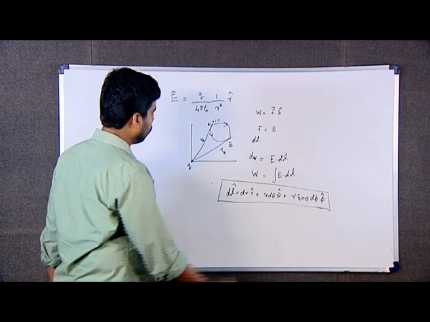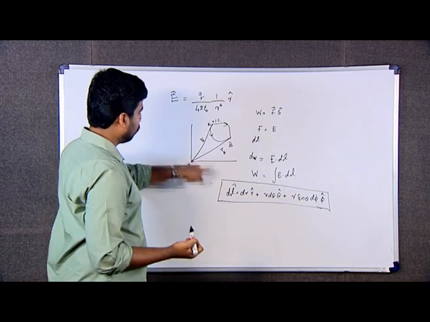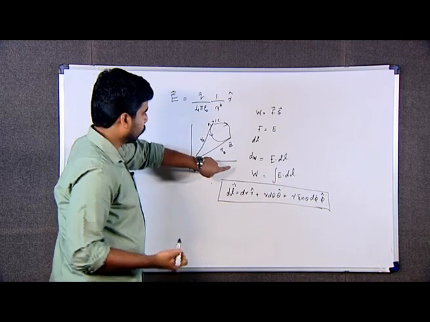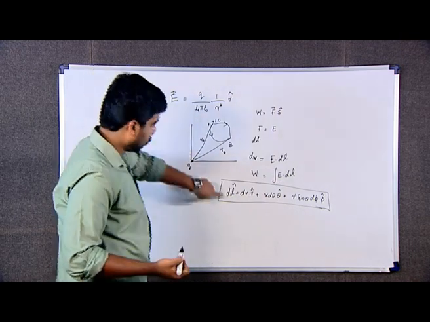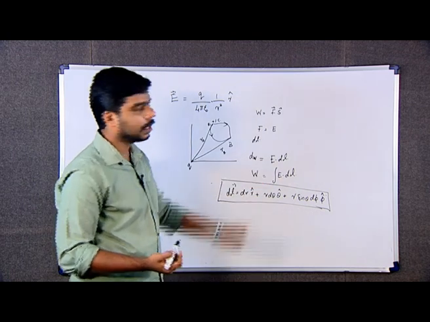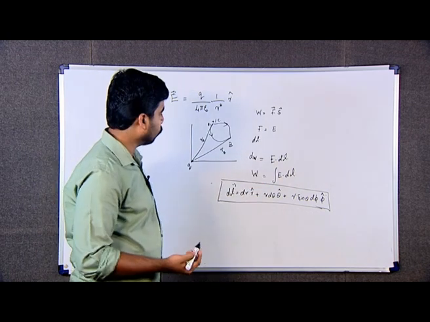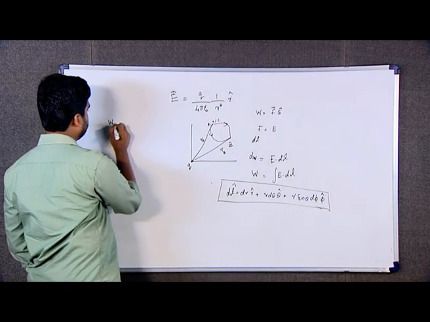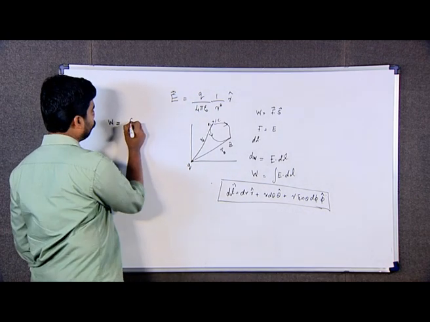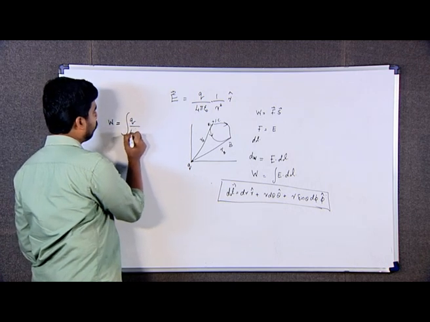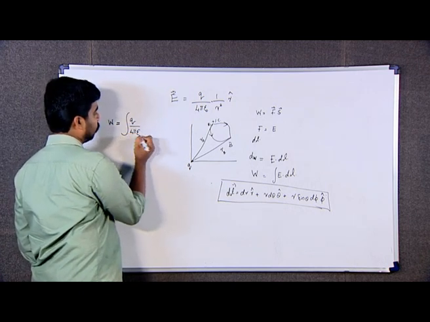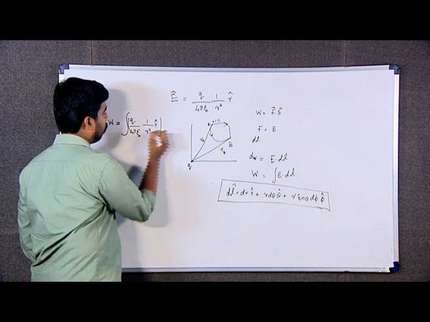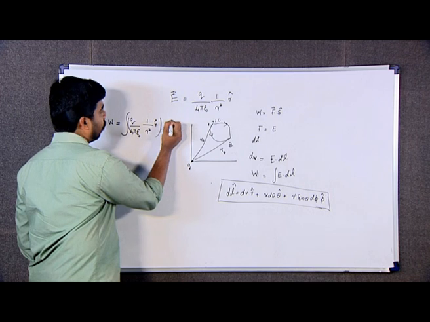So, I am substituting this E and dl in the work done equation, which is equal to integral E dot dl. So, I can write W is equal to integral q by 4 pi epsilon 0 into 1 by r square into r cap dot dl.